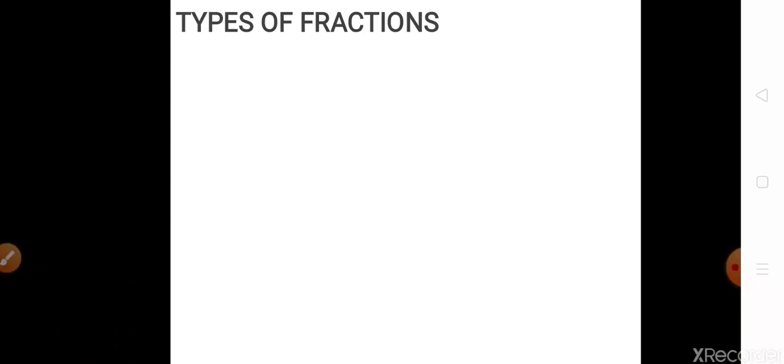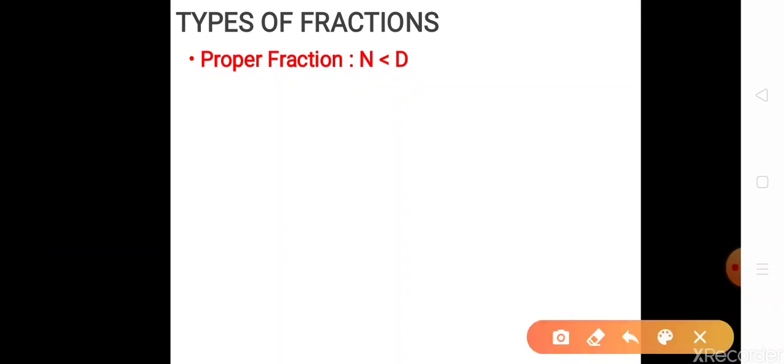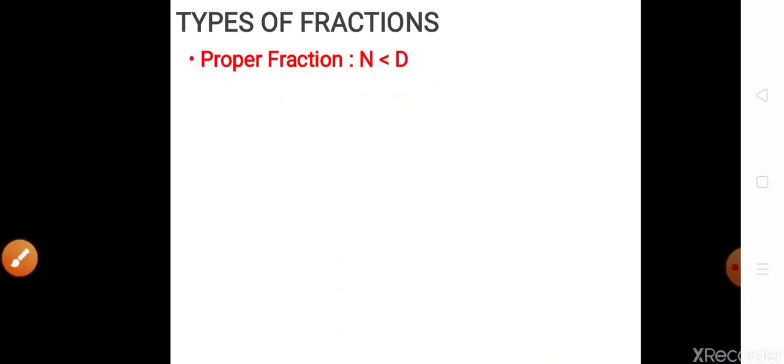Now, the first part we have is your proper fraction. Now, when do we call a fraction a proper fraction? Simply when your numerator is less than the denominator. Okay, and there are some examples given here. Yes, one is your 1 by 3 and another one 5 by 7, right?